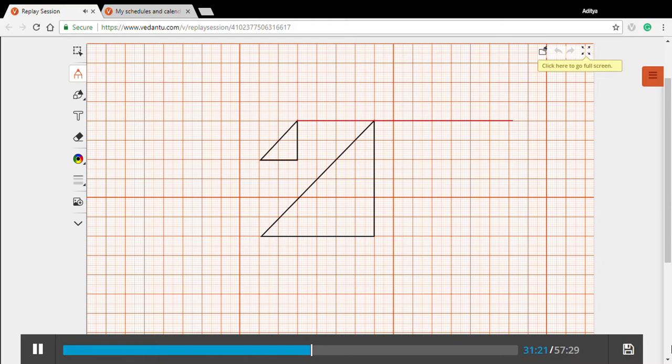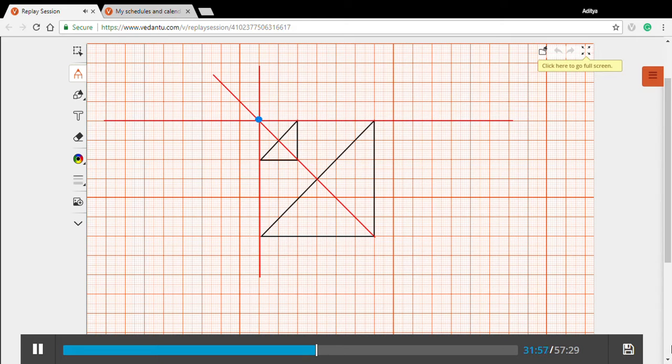The other line we can extend right here, and the third one we can join from here. You see, wherever they intersect each other, that's your center of dilation, center of enlargement. So this blue point is your center of enlargement. Okay, so I think that's fine. We can talk about the next question.